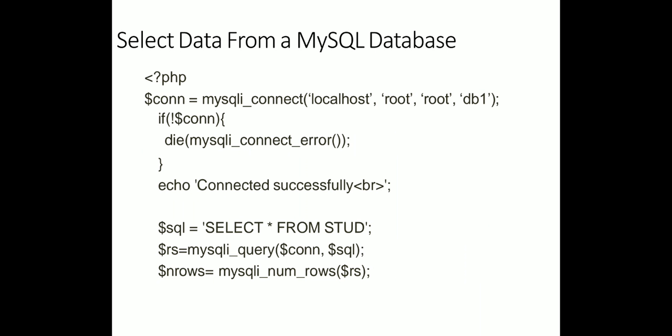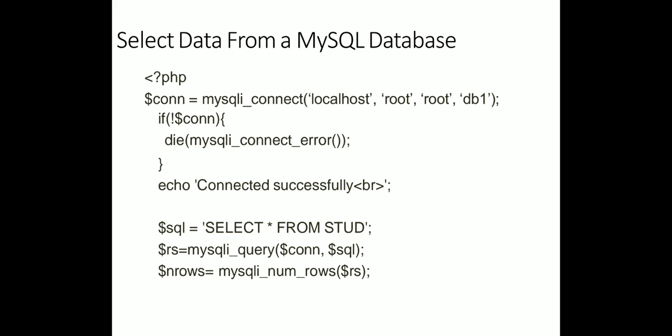Next, as told, we can store data in a MySQL database, and if we want to select data from that particular database, we can see how to use it within the PHP script in the next program. Coming to the next part, we start with the PHP script and the connection is established.